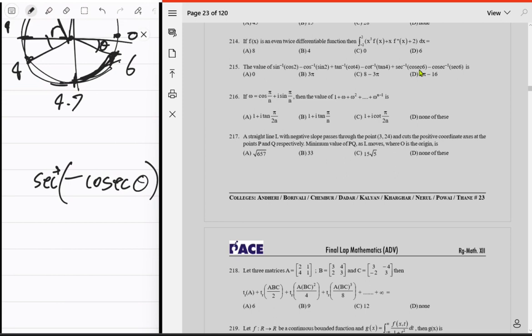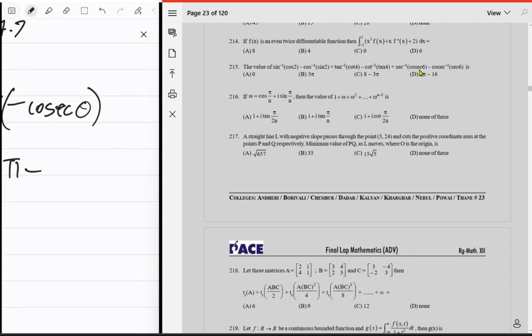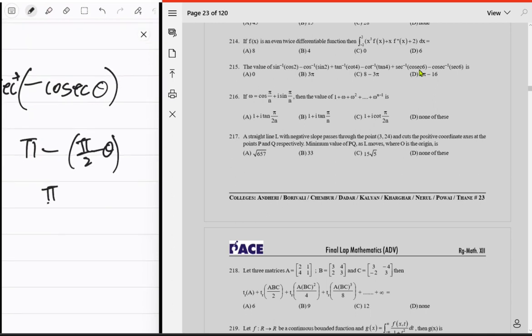Well, cosec theta is like something like sec of pi upon 2 minus theta. So negative नहीं करना है. So हाँ मैं थोड़ा बहुत सोच कर. It's like pi minus sec inverse of cosec of theta is like pi minus pi upon 2 minus theta, which is basically just pi upon 2 plus theta, right?